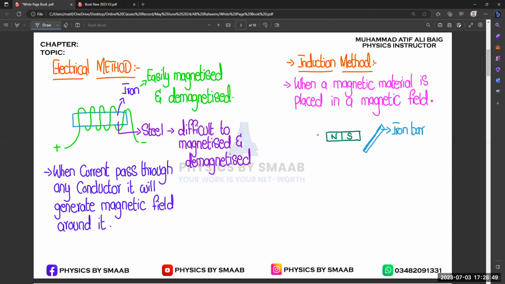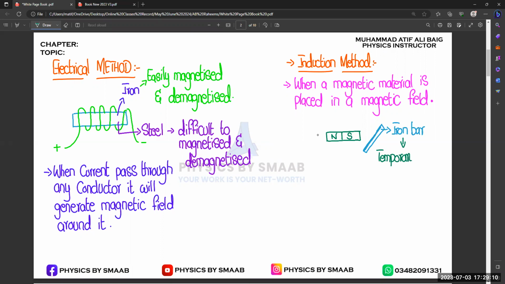So that's why we can easily say that this iron bar is placed in a magnetic field. Due to that magnetic field, the iron bar will also be temporarily magnetized, right? So this iron bar got temporarily magnetized due to the magnetic field, right?